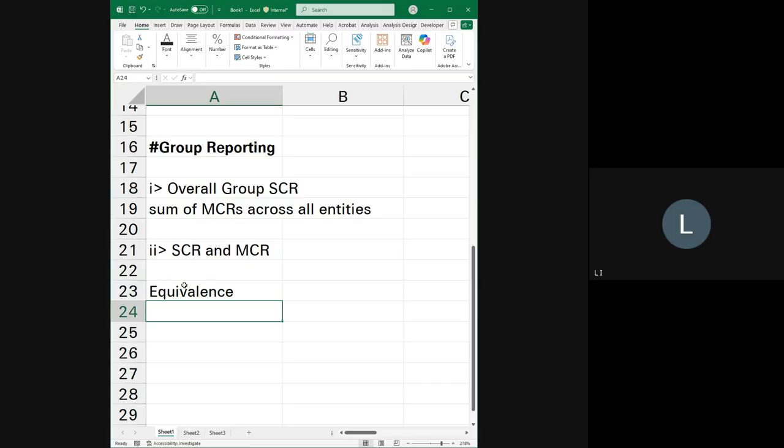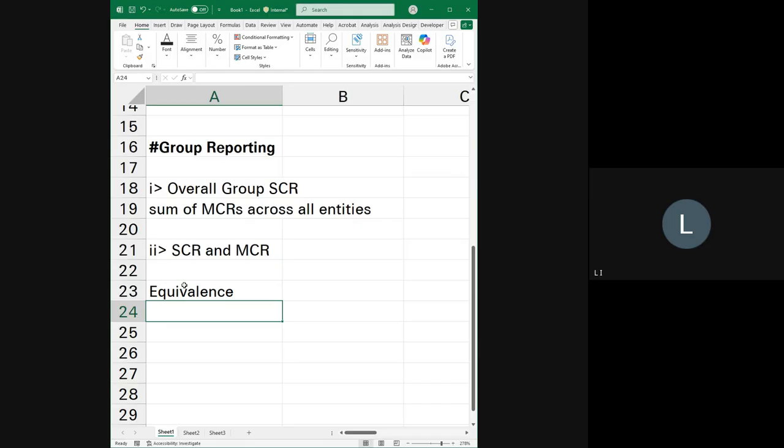So this is where the concept of the European Economic Area comes in. All members of the European Union are a part of the European Economic Area. Any third country apart from it needs to make sure that their solvency regime is equivalent to the solvency regime in the EU, which is Solvency 2.